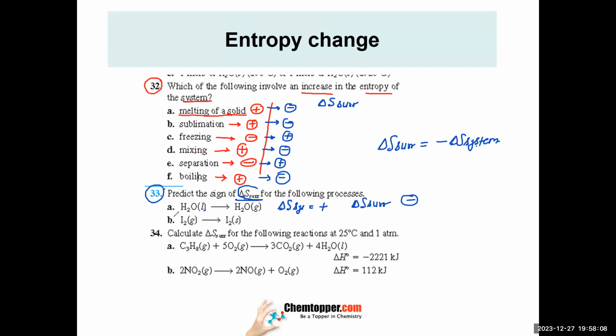Very good. What about B? Gas to solid. So first you decide delta S system and from there decide delta S surroundings. Gas to solid, system is decreasing, surroundings is increasing. Very good. Perfect. Any doubt here, Yusuf? Is it clear?